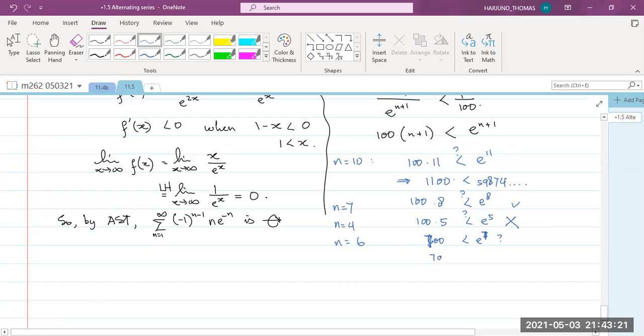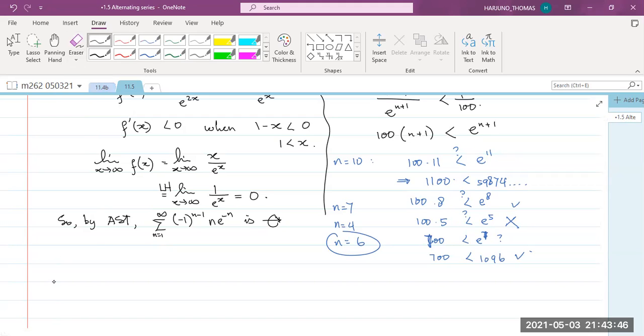Okay. So at least 6 terms will work. Will 5 terms work? No, 5 terms doesn't work. We just need 6 terms.